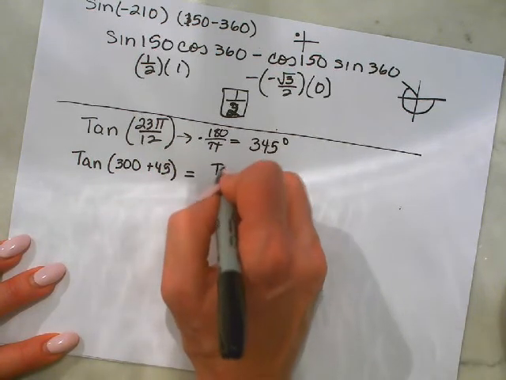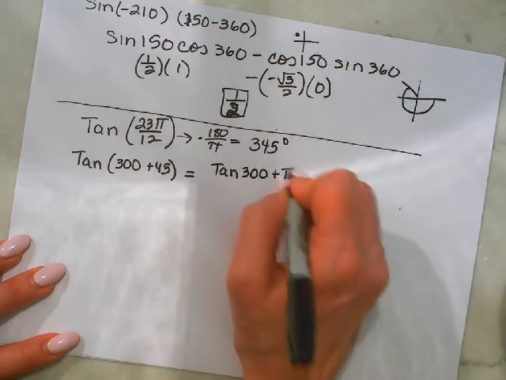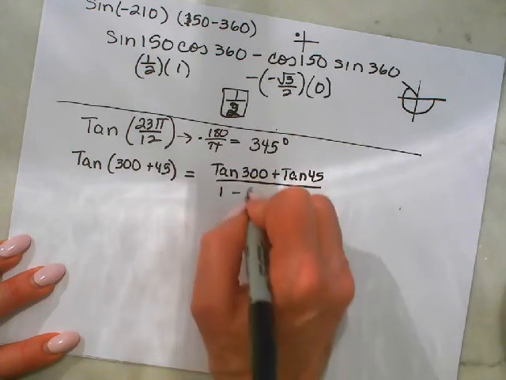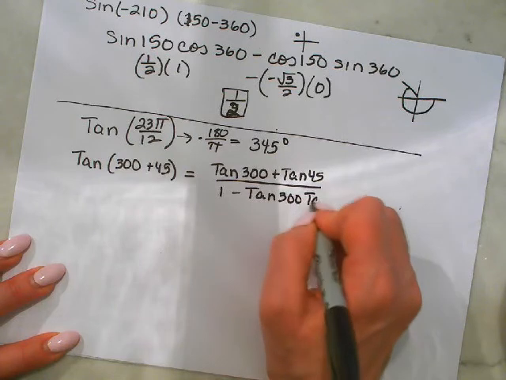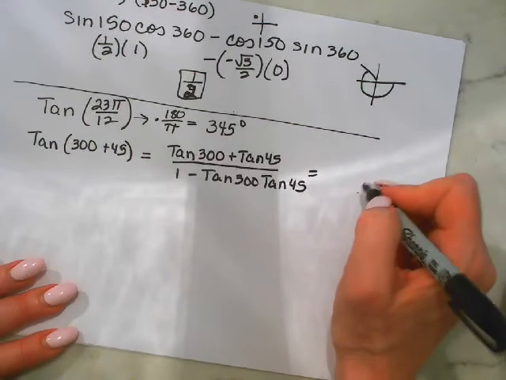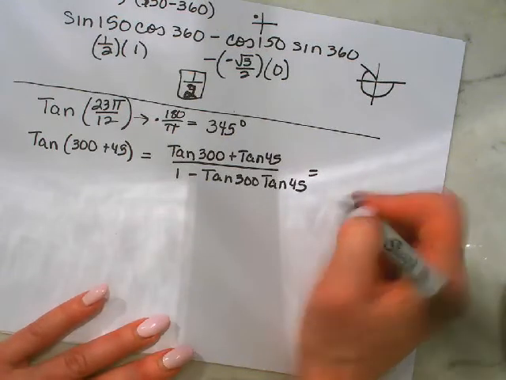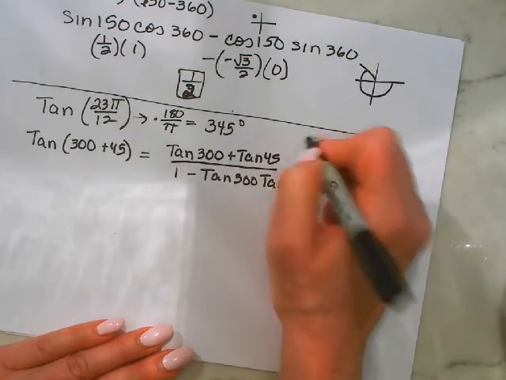This tangent wasn't that complicated. When I wrote it out, it was tan 300 plus tan 45 over 1 minus tan 300 tan 45. Trying to do this quicker because if my video gets too long, they cut me off.